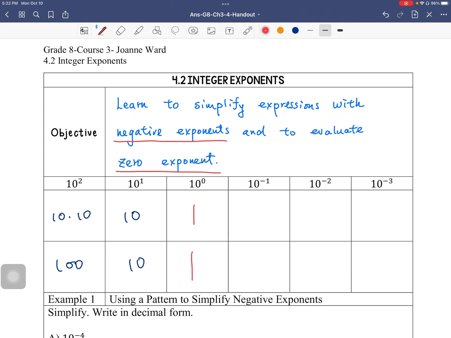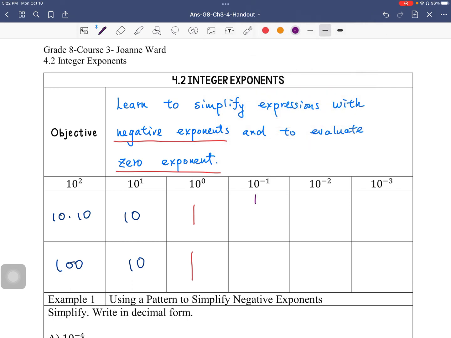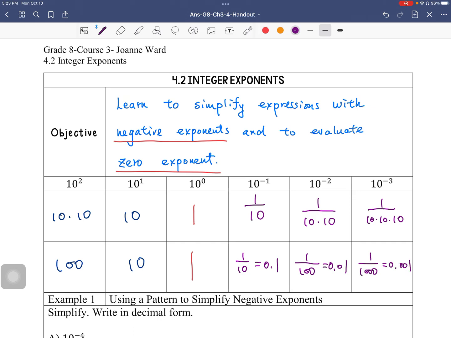So anything to the power of 0 is 1. 10 to the power of negative 1 is 1 over 10, which is 0.1. 10 to the power of negative 2 is 0.01. 10 to the power of negative 3 is 0.001.